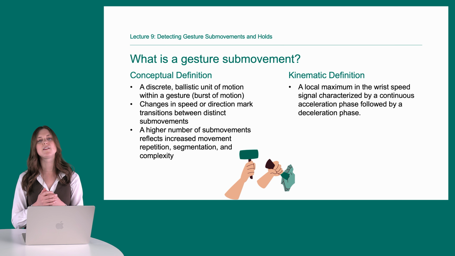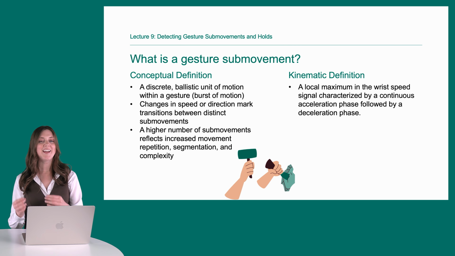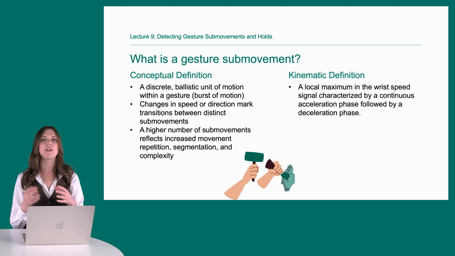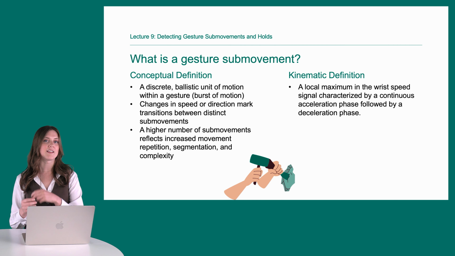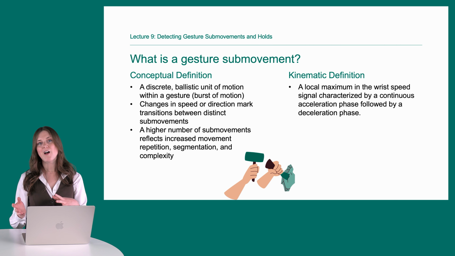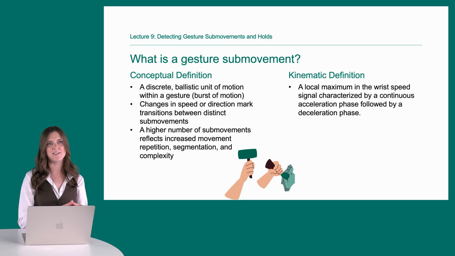For this, I'm going to give you a kinematic definition, which will hopefully become clearer with the examples that follow. From a technical standpoint, we define a gesture submovement as a local maximum in the wrist speed signal characterized by a continuous acceleration phase and followed by a deceleration phase.